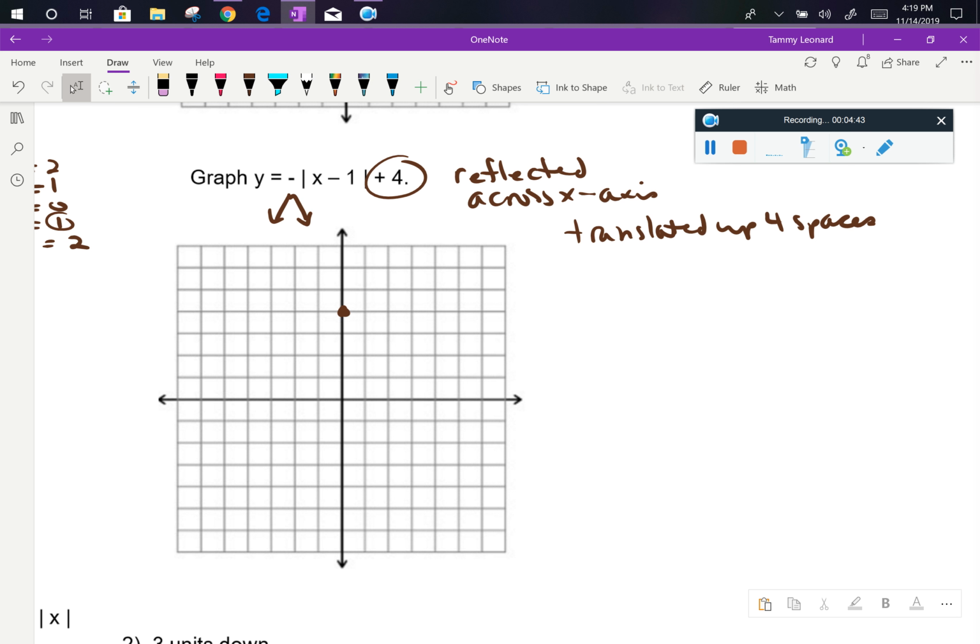Now normally I would go over 1 and up 1, but I'm going to go over 1 and down 1 because it's upside down. And then I'm going to go back to the vertex and go over 2 and down 2. And I can see that I'm continuing in this upside down direction. And the other side looks exactly the same except the mirror image. So my absolute value graph looks like this. And I make sure to label that vertex.